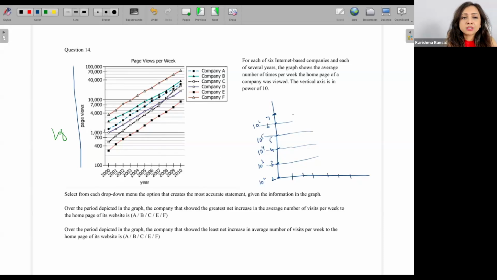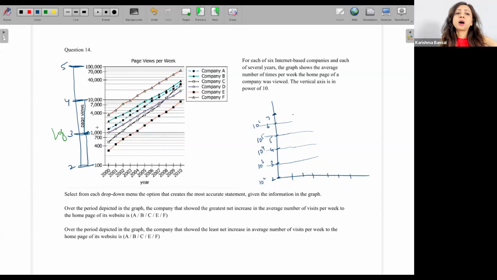This is the reason, look at this. Your 10 is over here, your 1000 is over here on the scale. Your 1000 and your 10,000 are equally placed. I would think of this as my 2, this as my 3, this as my 4, and this as my 5.